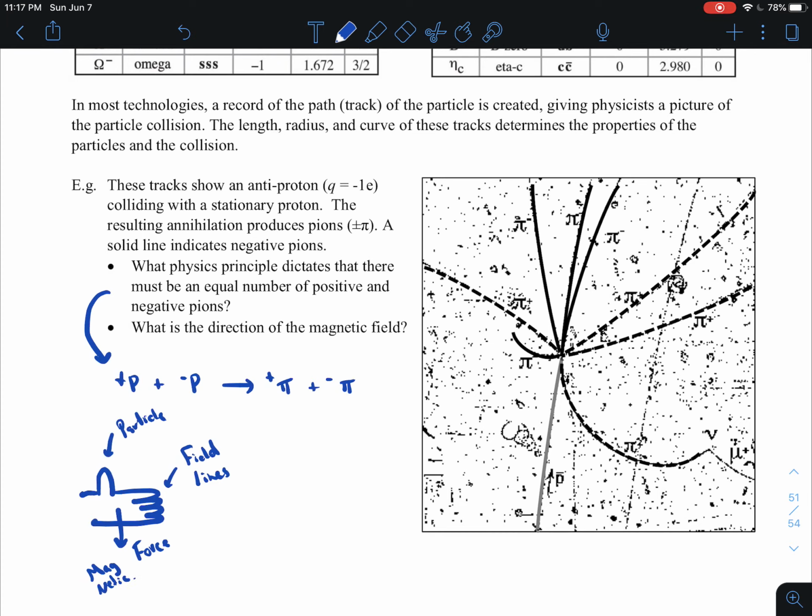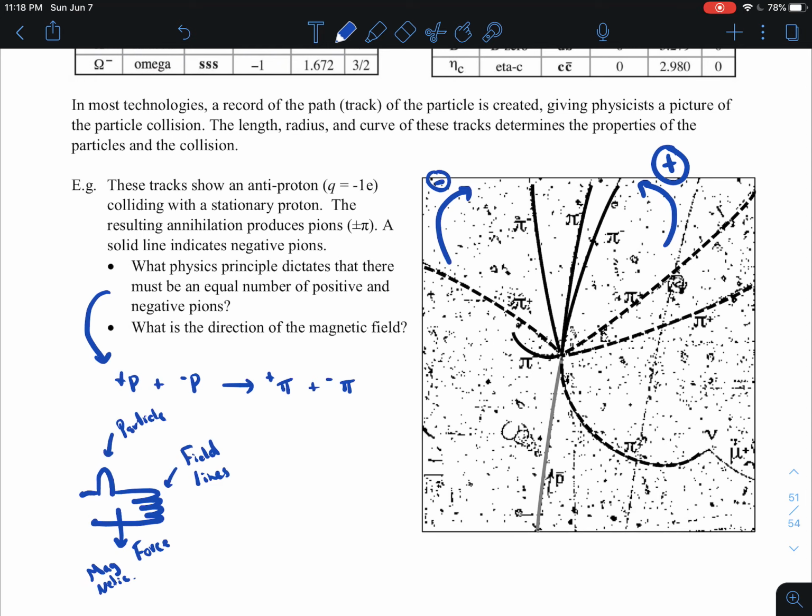Okay, so magnetic force. Here we're going to take a look at this and see, if all of the negative particles are going this way, and all the positive particles are relatively going this way, we're going to use our hands, remembering our right hand is positive, our left hand is negative.